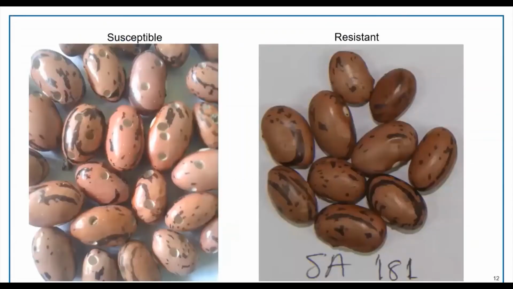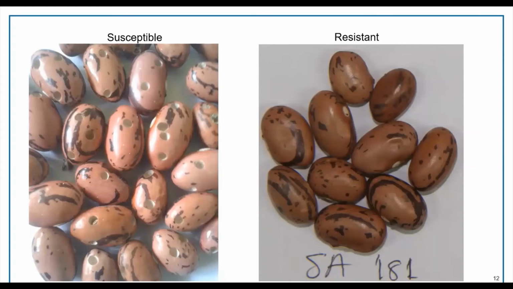What I'm showing here now is what we have there as a susceptible variety. This was one of the parents which went into this cross of Solwezi and the resistant line. And on my right-hand side, in the picture there, you are seeing SA181, which is one of the lines that has come out of this cross and has very high levels of resistance to Bruchid.